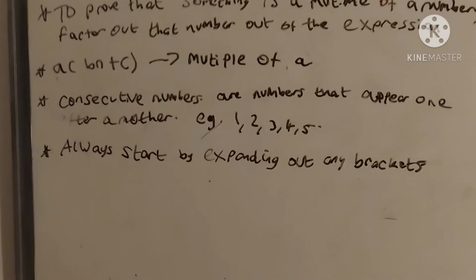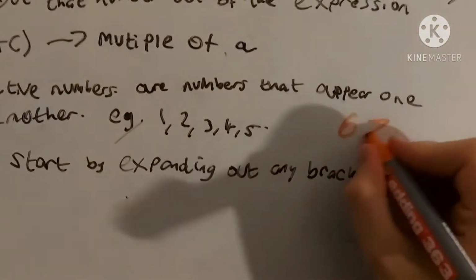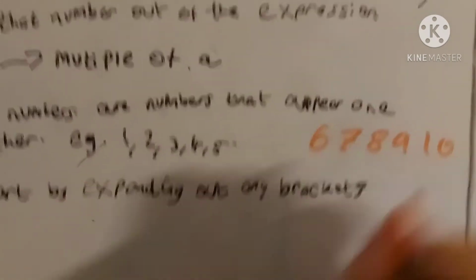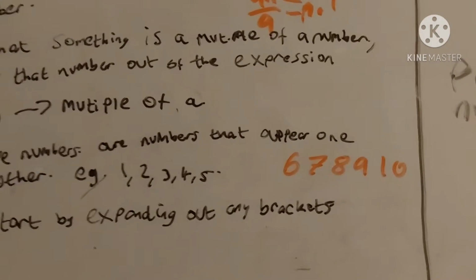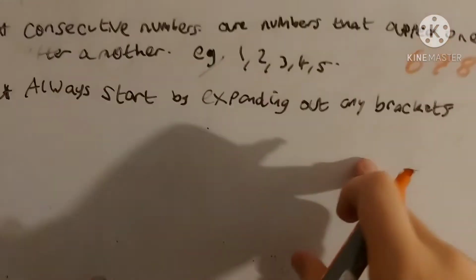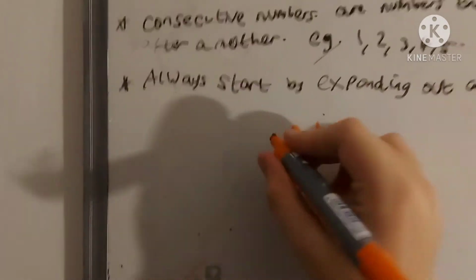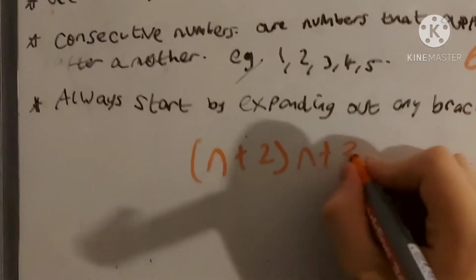Consecutive numbers are numbers that appear one after the other, so 1, 2, 3, 4, 5. We also have 6, 7, 8, 9 and 10. They're all consecutive numbers. So when we look at these questions, we're always going to start by expanding out any brackets. Expanding brackets we did look at a little bit in the completing the square video.